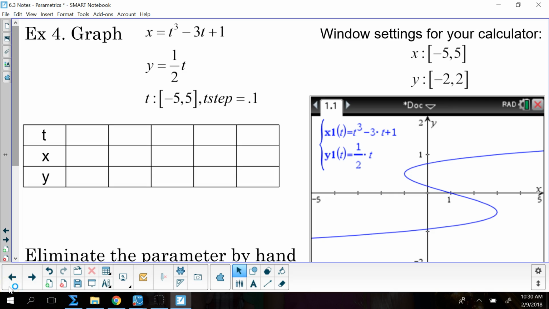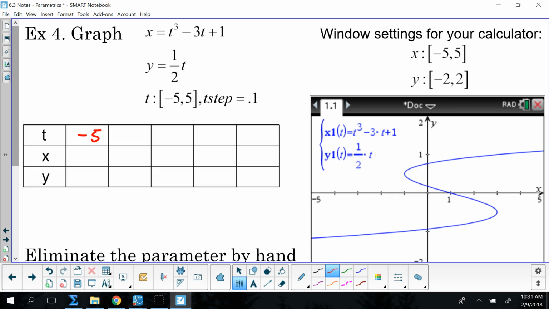All right, so there is that function graphed on the window settings of our calculator. The reason that I had you drop those window settings into that range is because if I try some different t values here, let's try like -5. If I put -5 for a t value into x, that's going to be -5 cubed, which is -125, minus -15, so that's -110, plus 1 is -109.